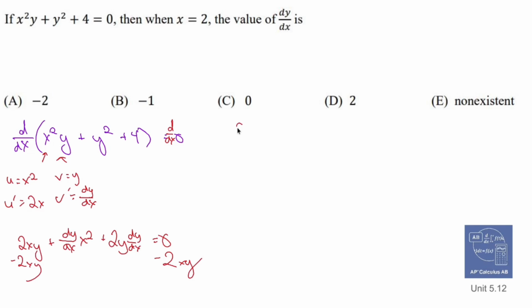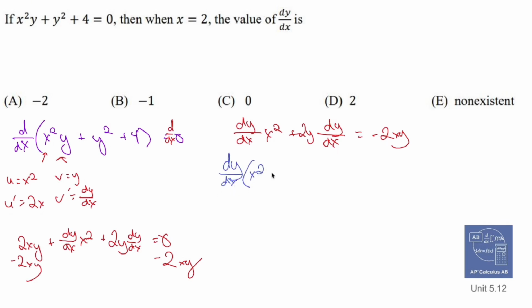and that gets me dy dx x squared plus 2y dy dx equals negative 2xy. Now let's factor out a dy dx, like that.